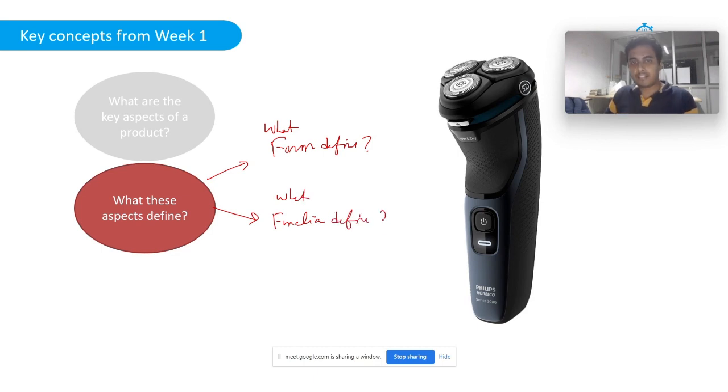Please try to answer these questions. I'm asking these because they are in line with the assignments that you have received for week 1, and if you can answer these questions, this will also clarify your concepts in solving those assignments.